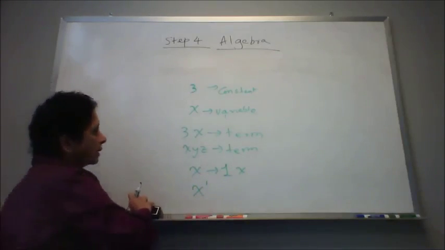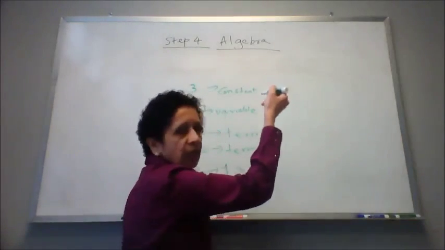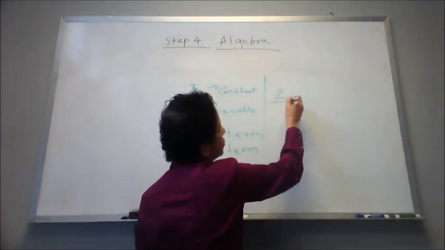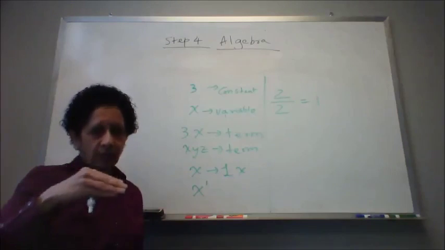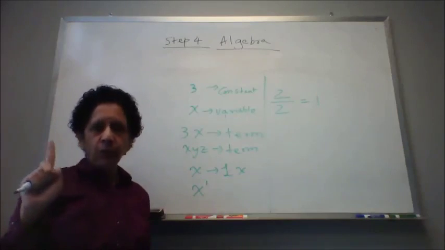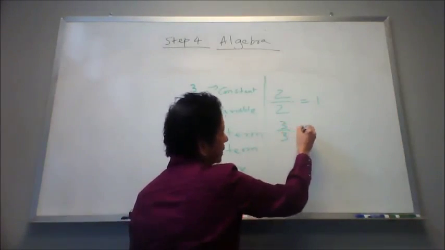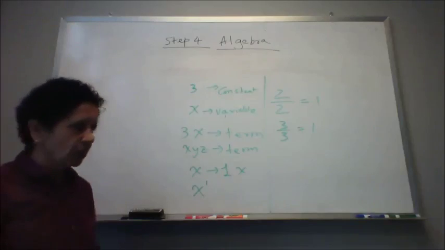And then we covered before, for example, when we covered the exponents, when you have 2 divided by 2, we know that any number you divide by the same number, it's always 1. You know that, right? Always. So 3 by 3, that's 1. 3 over 3, that is actually 1, right? So any number divided by the same number, it's always 1.